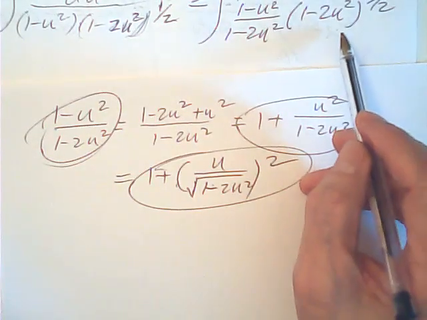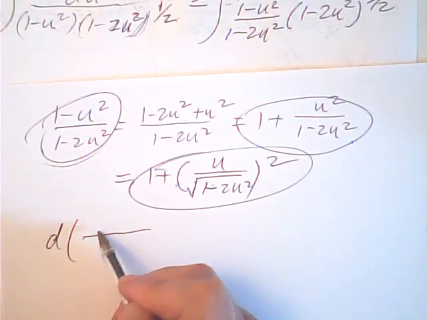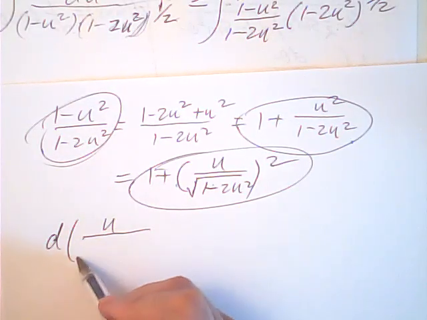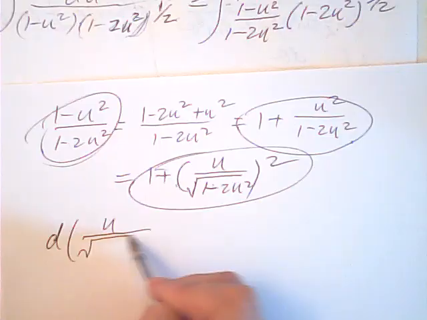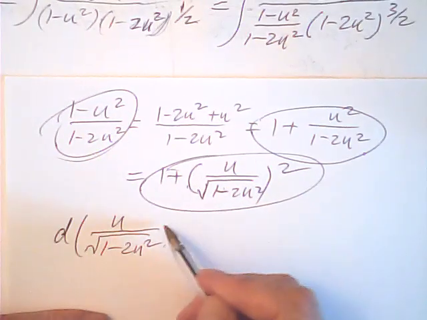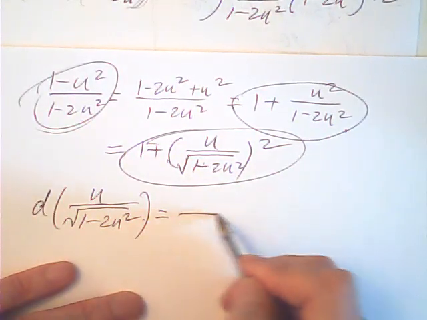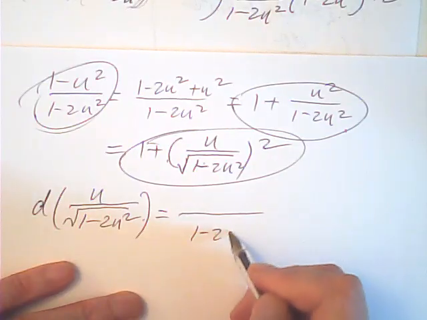Okay. For that one, same thing for the derivative of u over square root 1 minus 2u square. This one, derivative with respect to u, is equal to quotient rule.